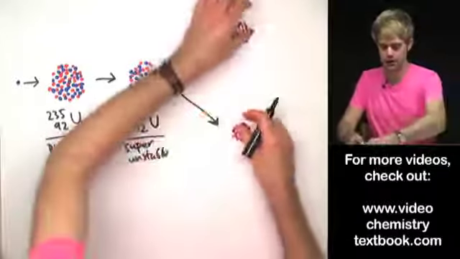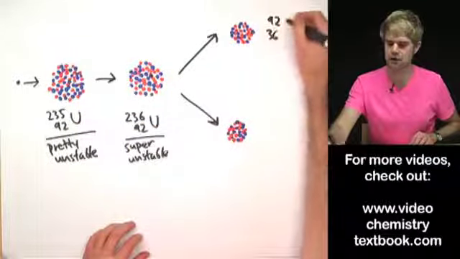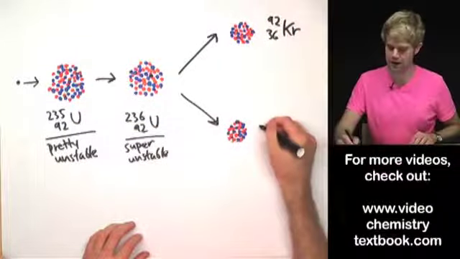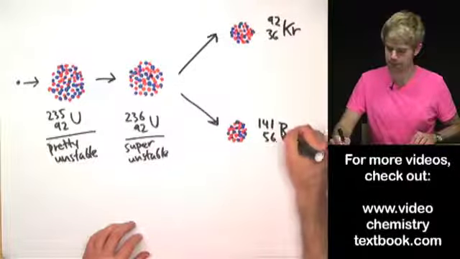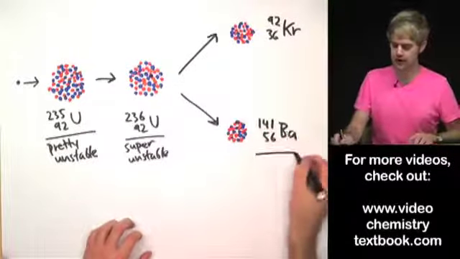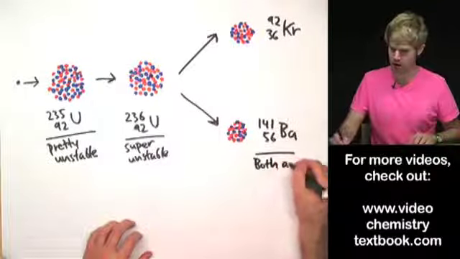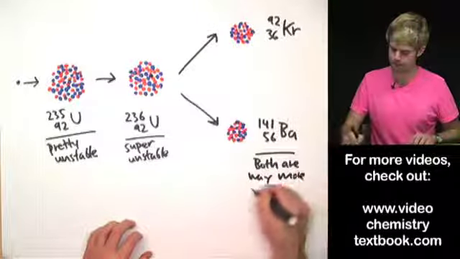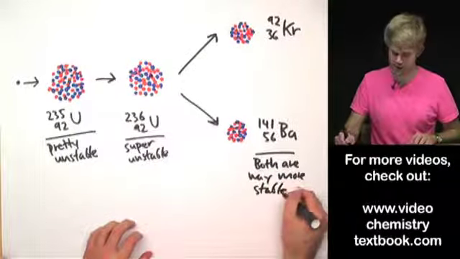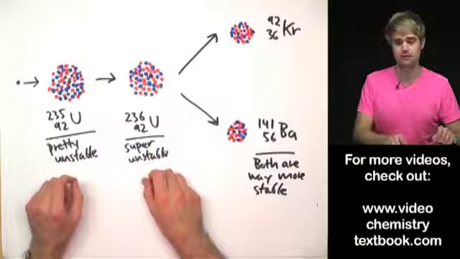Here are the nuclei right here. One of them is krypton-92, and the other is barium-141. Both krypton and barium are way more stable. They're both way more stable than either of these atoms that we started with.